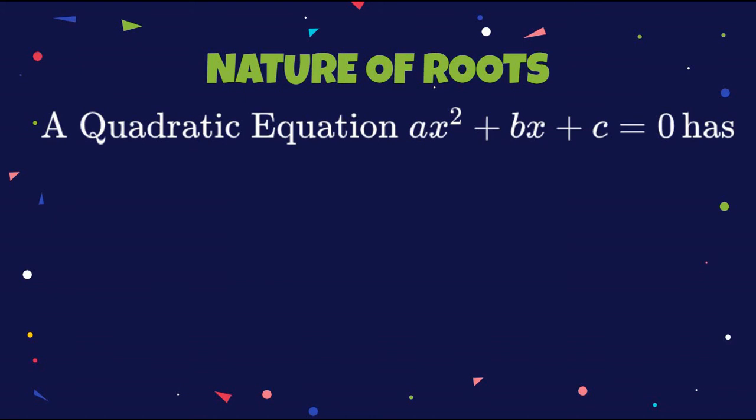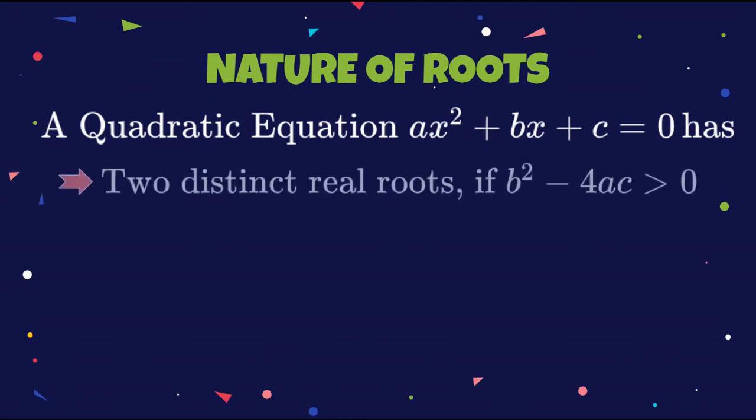So first of all, a quadratic equation ax square plus bx plus c is equal to 0 has, we can see it as three conditions. So first condition would be it has two distinct real roots if b square minus 4ac is greater than 0. So how did we get this b square minus 4ac? It is from our golden formula, which is the quadratic formula itself.